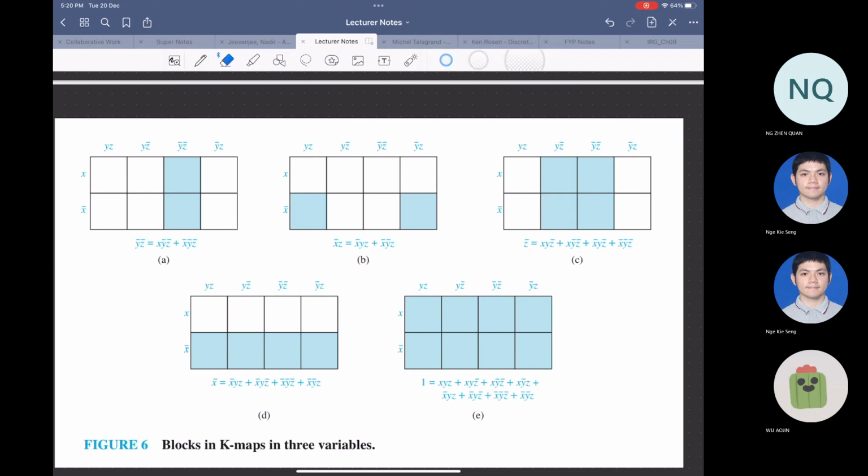So adjacent cells can only differ by 1 literal, no matter how you place it. You also need to make sure the last and the first one also differ by 1 literal. So it's like going in a cycle here. These two are adjacent, these two are adjacent, these two are adjacent.